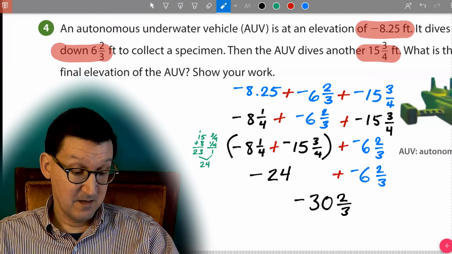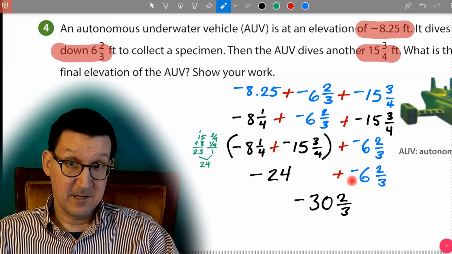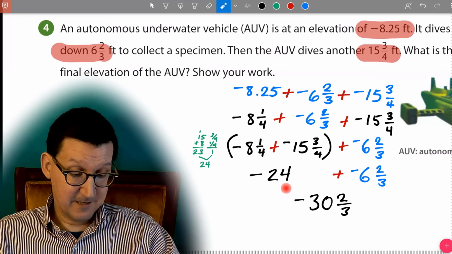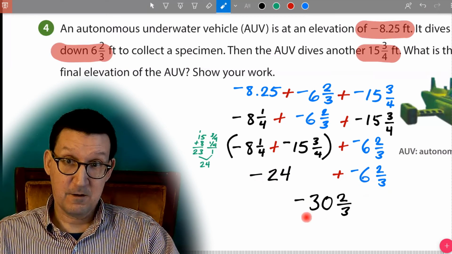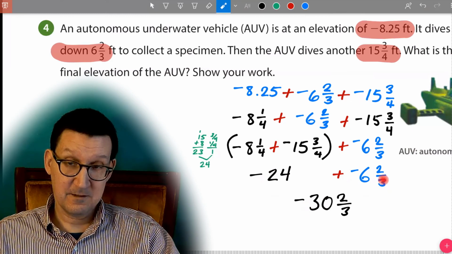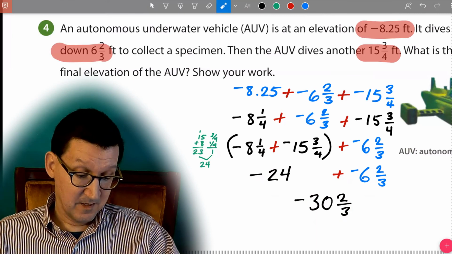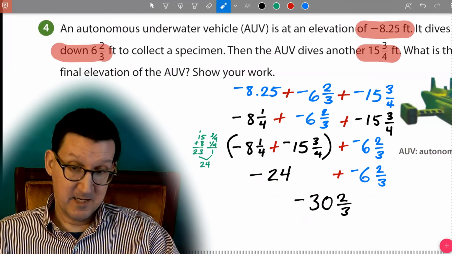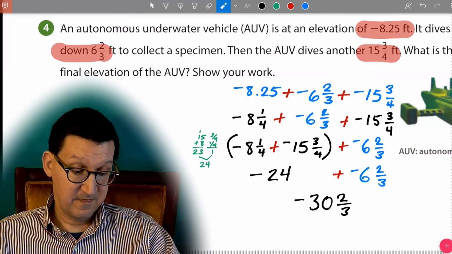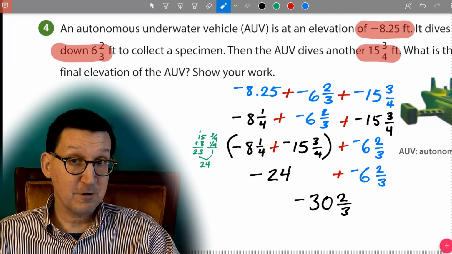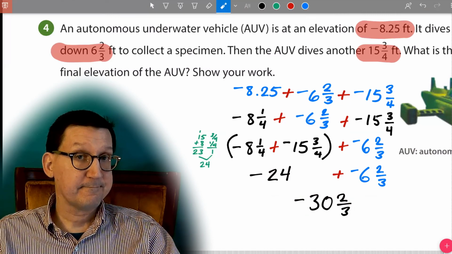But in this case, since these are both negatives, we're adding them together. We could say -24 and -6. Well, that's just -30. And that 2/3 hanging out on the side, bring it over too. So -30 and 2/3. So, what's the final elevation of the AUV? It is 30 and 2/3 feet below sea level.